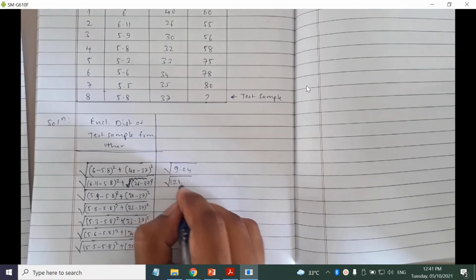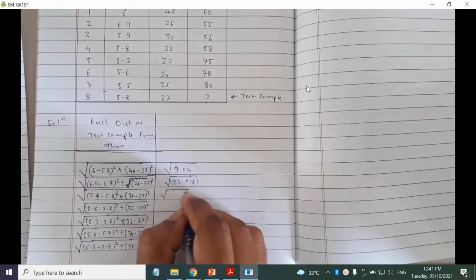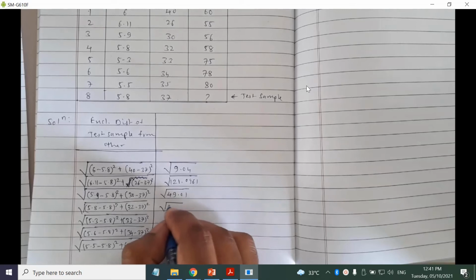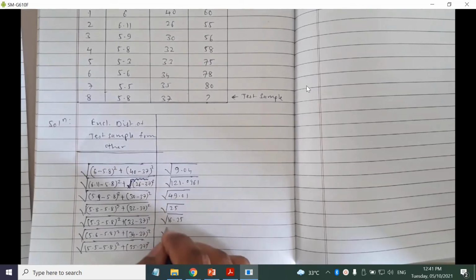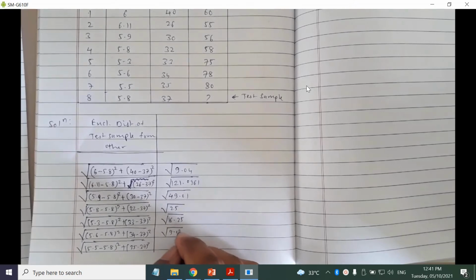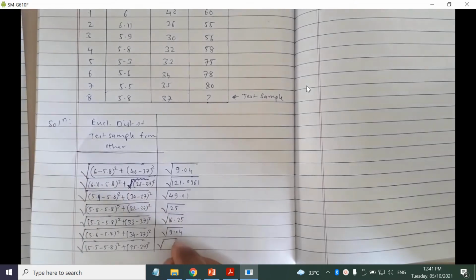Because the square root is there for all values, right? 16.25, 9.04, 4.09.